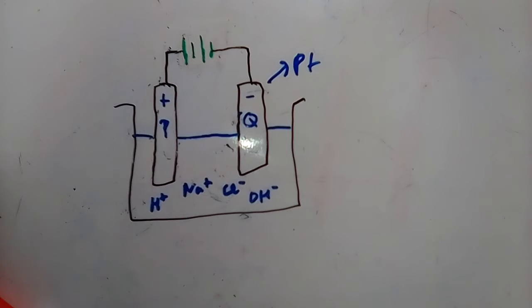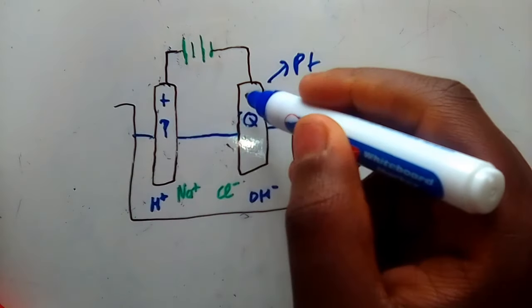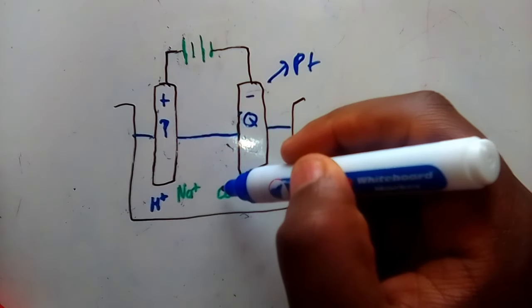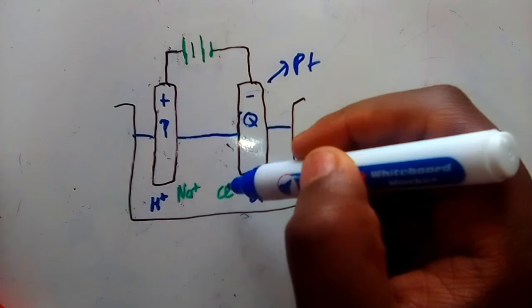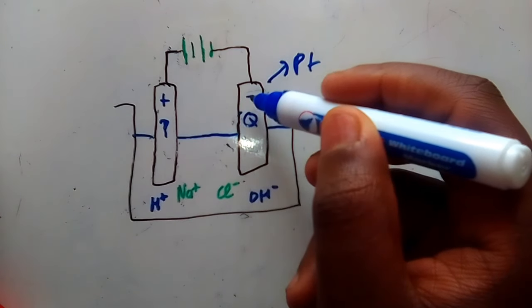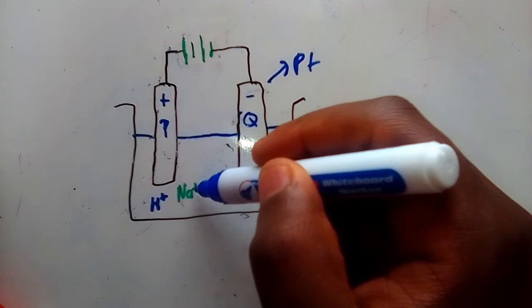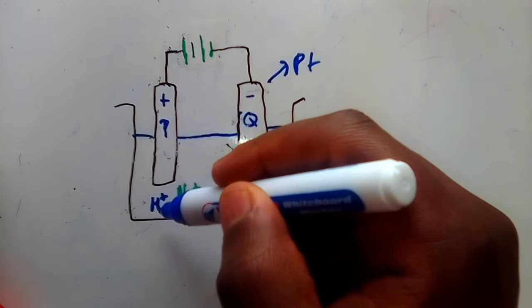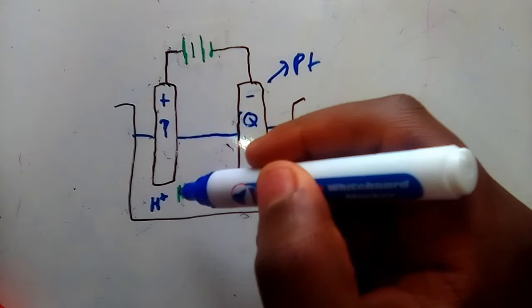Notice that this is positive and this is negative. This positive one does not only attract this negative chlorine, it also attracts negative OH. And this negative one does not only attract the positive metal ion, it also attracts the positive hydrogen, the proton.